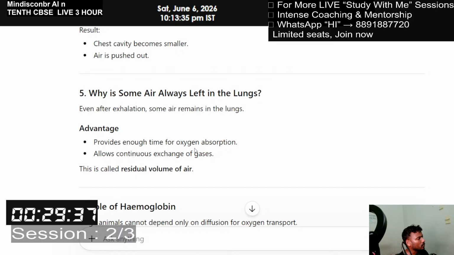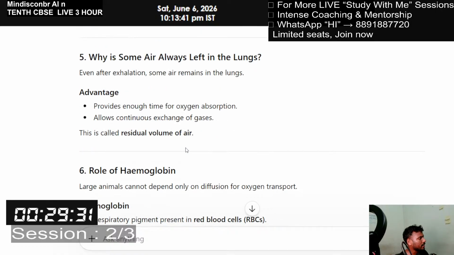Why is some air always left in the lungs? Even after exhalation, some air remains in the lungs. Advantage: it provides enough time for oxygen absorption and allows continuous exchange of gases. This is called residual volume of air.